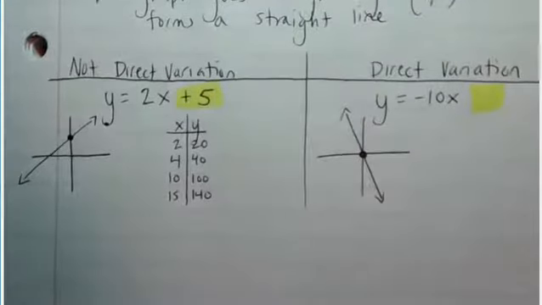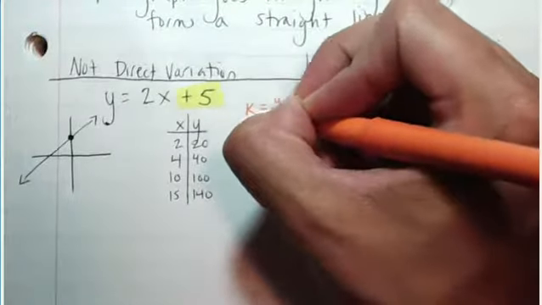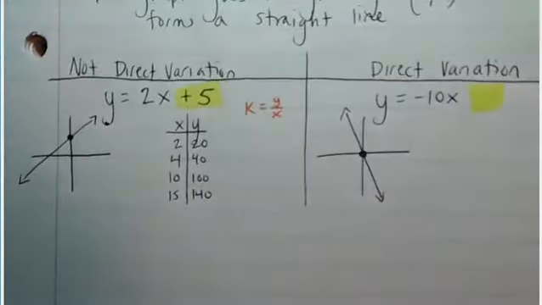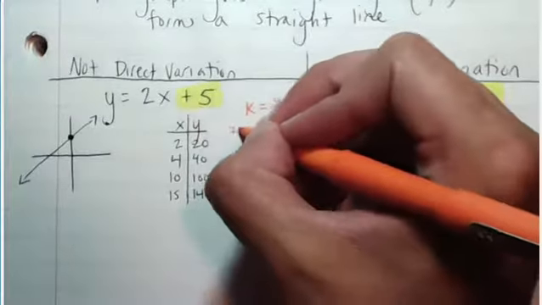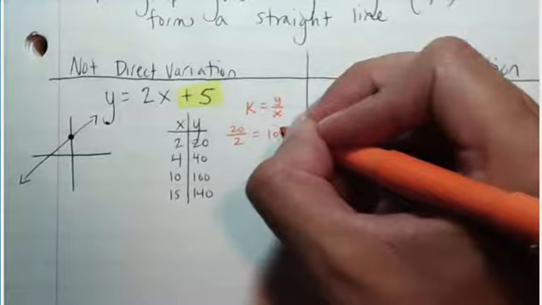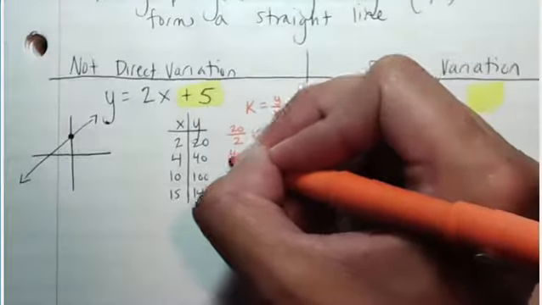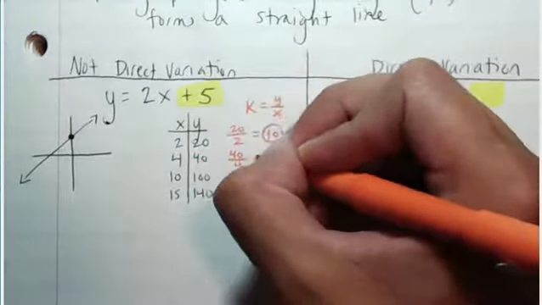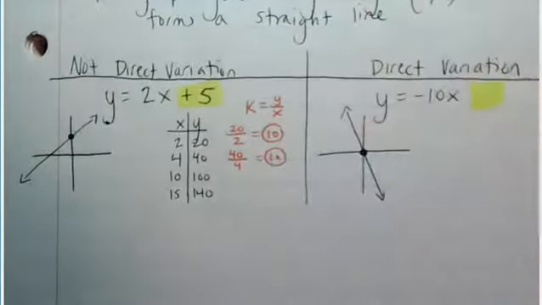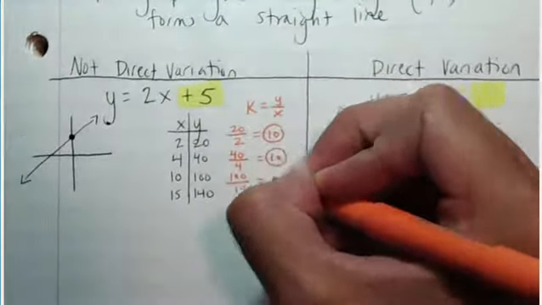Again, remember we have to use the formula to find the constant, y over x. So if I do the first point, y over x, I have 20 over 2, which is 10. I have to do every single point. y over x, 40 over 4, which is 10. 100 over 10, which is 10.